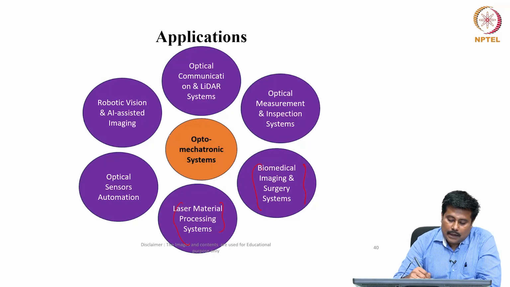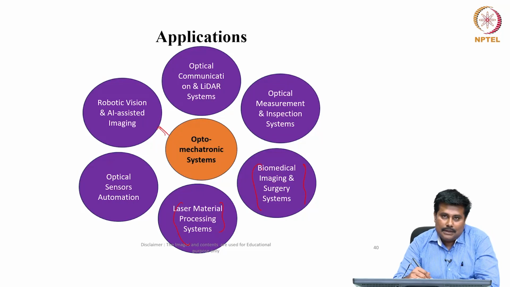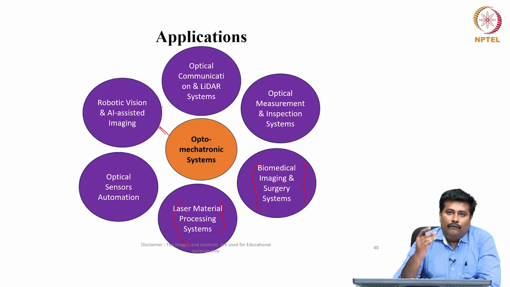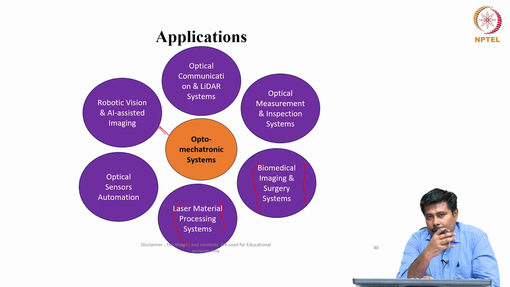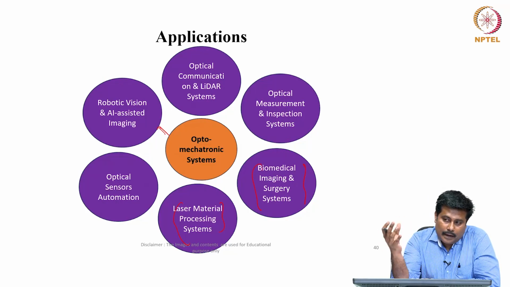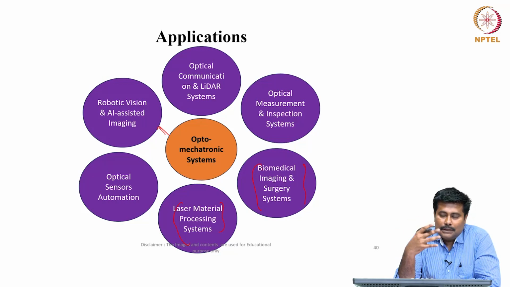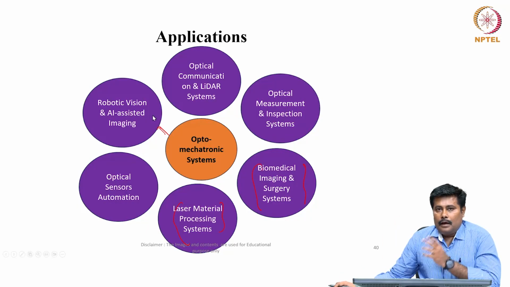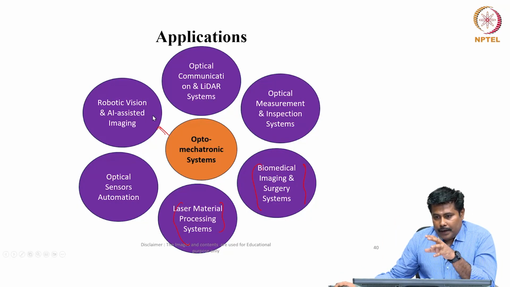Then there is robot assisted robotic vision and AI assisted imaging, which will cater to the complete image acquisition, image processing and image restoration activities, and it also has the capability to compare with the reference image and give appropriate decisions for different activities.